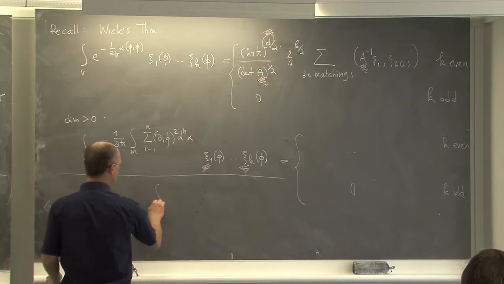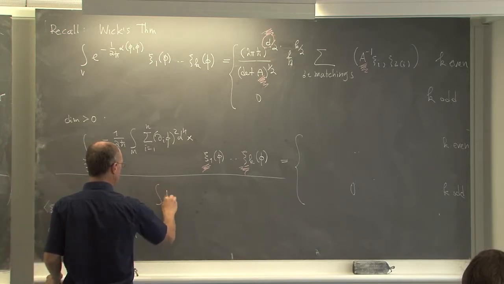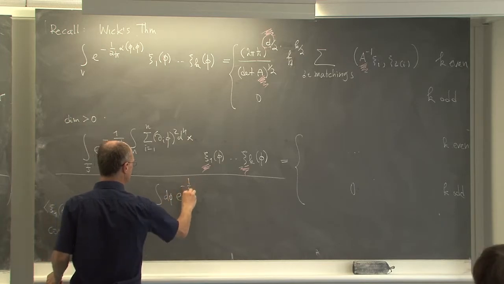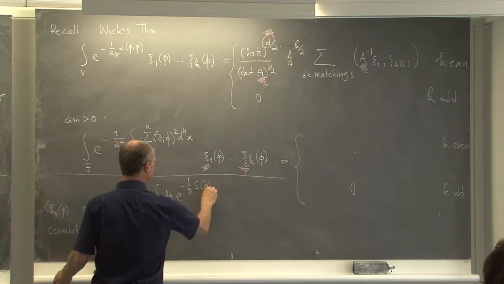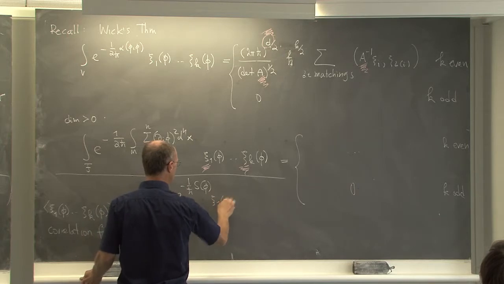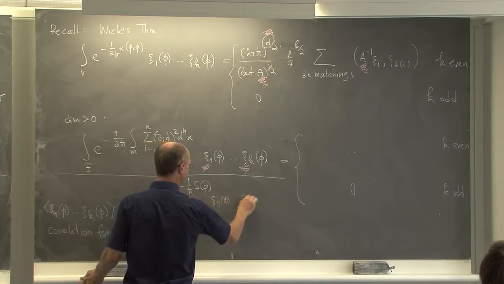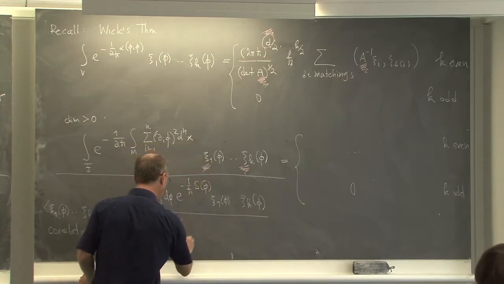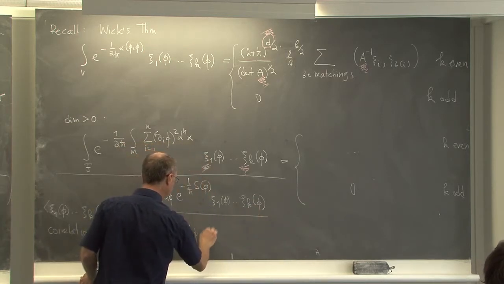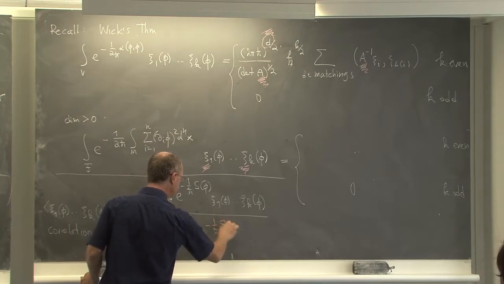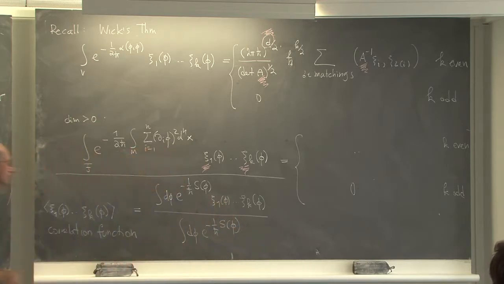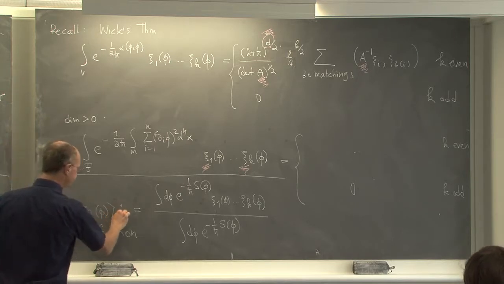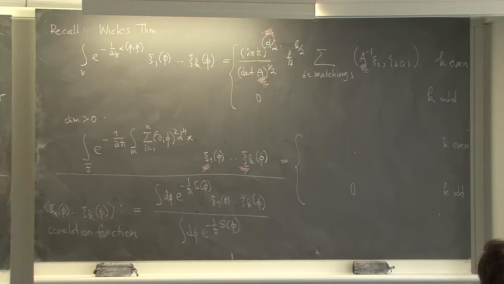And this is declared to be the integral of e to the minus S over h bar of phi, psi 1 of phi, ..., psi k of phi, divided by the integral without insertions. Right, so that's just a definition. So this is the dimension 0 blackboard.